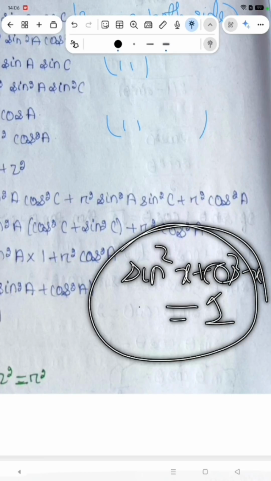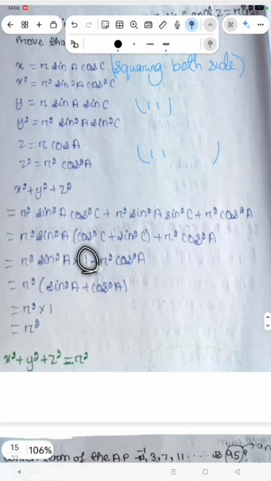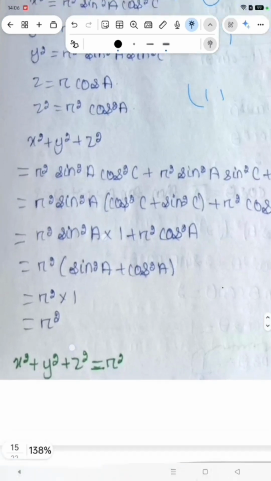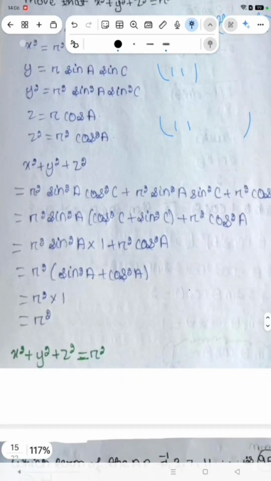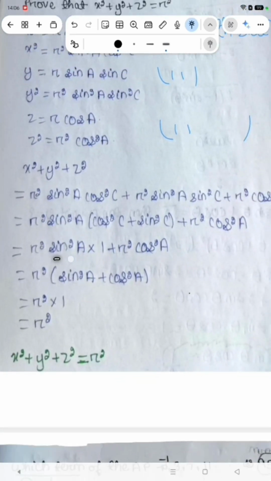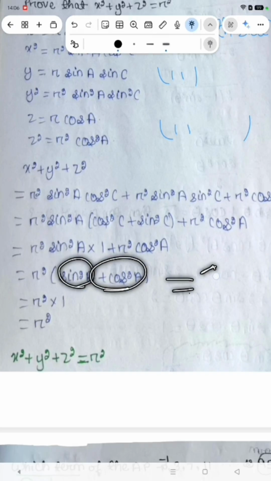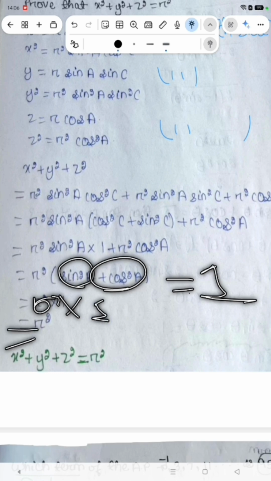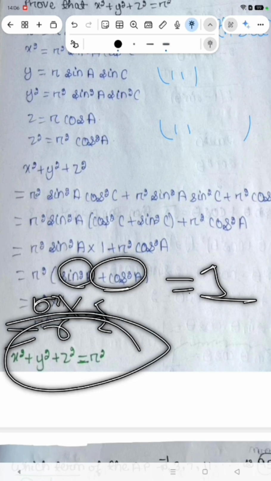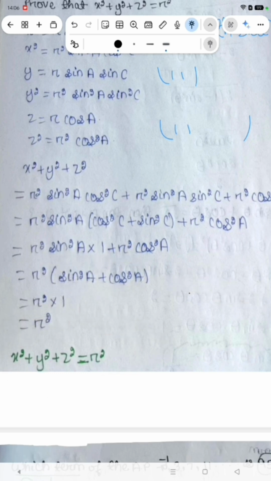So in this the value will be 1 according to the identity. Then r square cos square a remains the same. Then sine square a plus cos square a is equal to 1. So r square into 1 is equal to r square. Hence proved, x square plus y square plus z square equals r square.